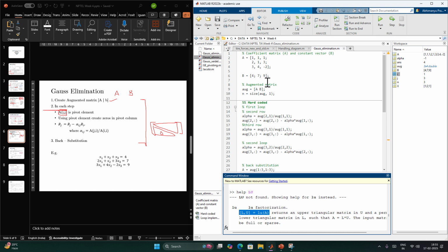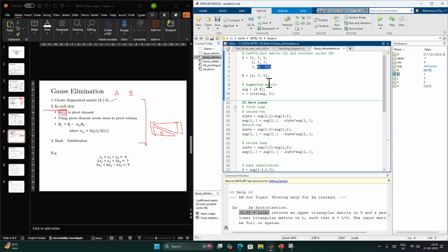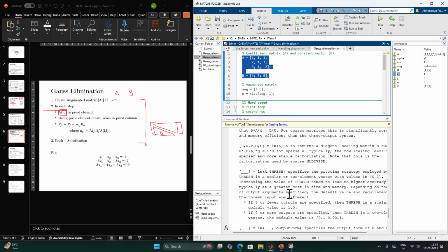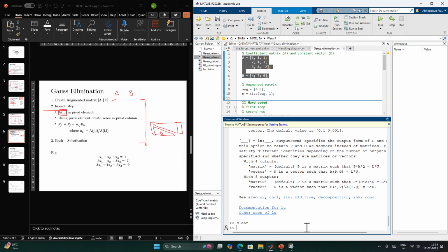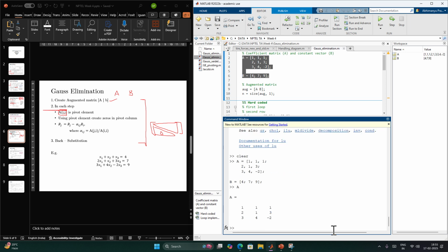So for our case, let us take this. Let me clear this. So this is my A matrix. Now let us do the LU decomposition on this using the inbuilt command.